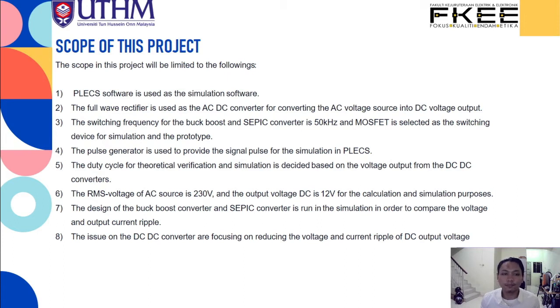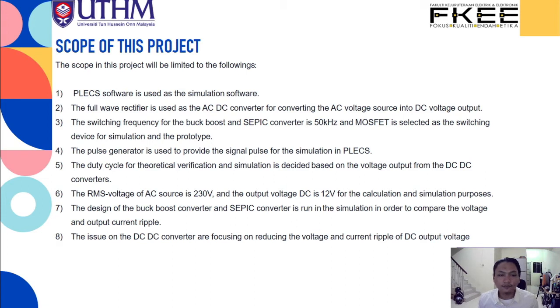Okay, first, the PLECS software is used as the simulation software. Next, the full wave rectifier is used as the AC-DC converter for converting the AC voltage source into the DC voltage output. The switching frequency for the buck boost and SEPIC converter is 50 kHz, and the MOSFET is selected as the switching device for simulation and the prototype. The pulse generator is used to provide the signal pulse for the simulation in PLECS.